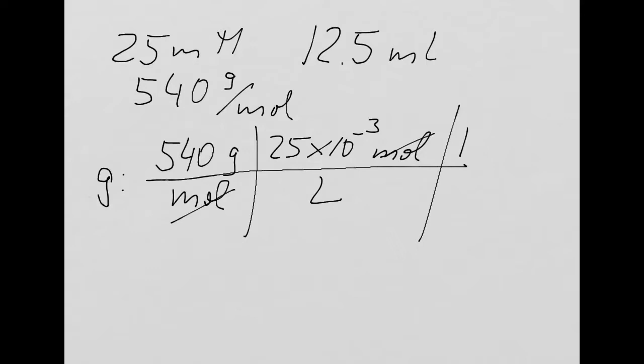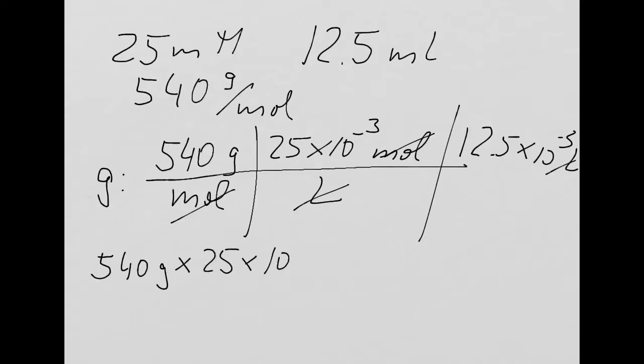0.5 times 10 to the minus 3 liter. Liter cancels out. And all that's left is 540 times 25 times 10 to the minus 3 times 12.5 times 10 to the minus 3 equals, anyone got something? 0.117 grams.